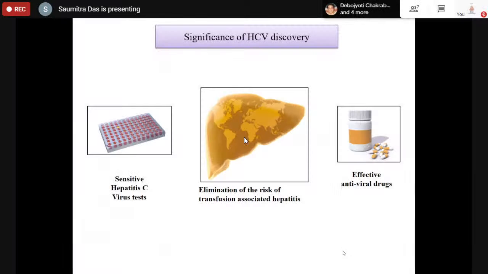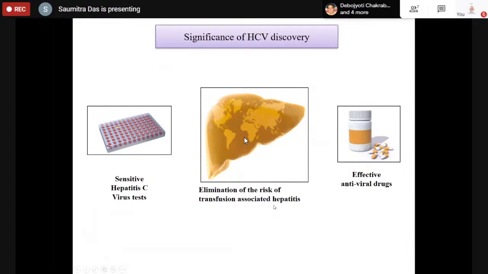Now, since cell culture was available, sensitive hepatitis C virus tests also became possible, and people made it mandatory testing from 2000 for blood donors and other high-risk people, to see whether they are carriers of hepatitis. Because if a patient harbors hepatitis C virus, they may not even know until 17 years later when the virus shows up, but by that time the damage is done.